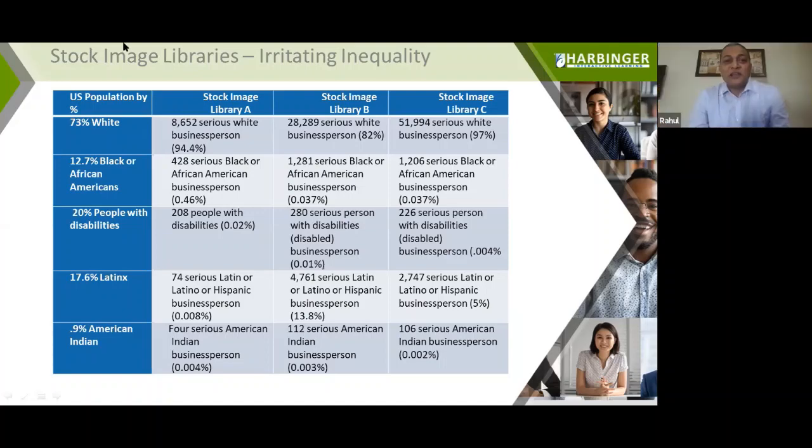Right. And Larry, thank you very much for sharing this research of yours with all of us. I never thought of it this way. I felt that with this stock image library there are multiple options and then we can get these images and all, but this is one starting point.